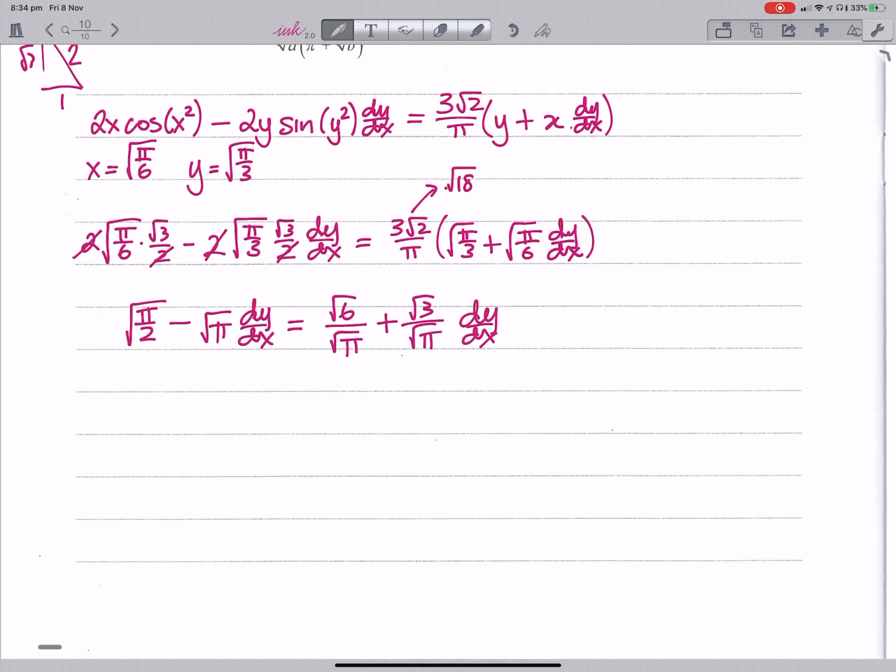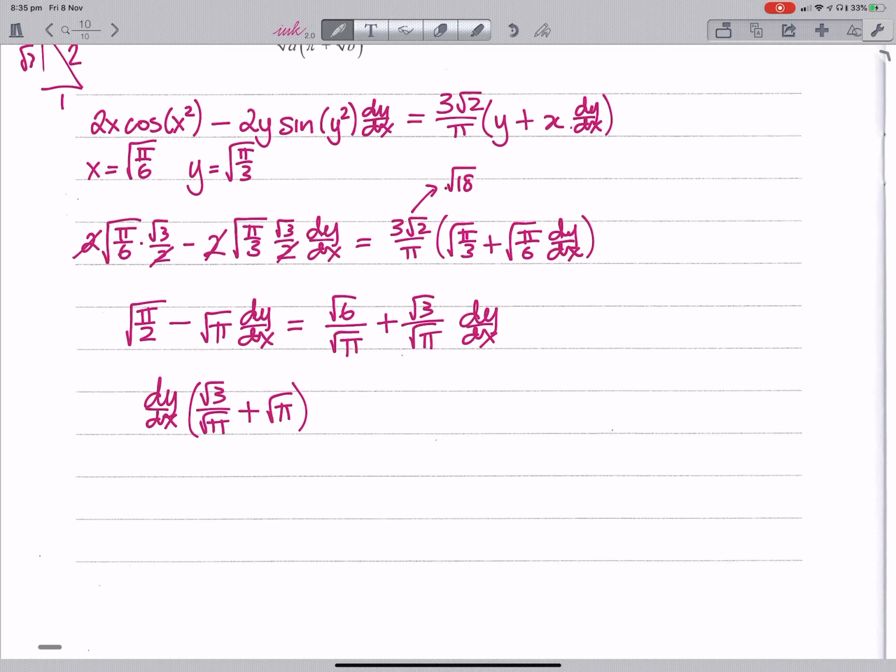Okay, so from here, let's bring our dy dx to one side. So dy dx, root 3 on root pi plus root pi. So I brought this to the other side.